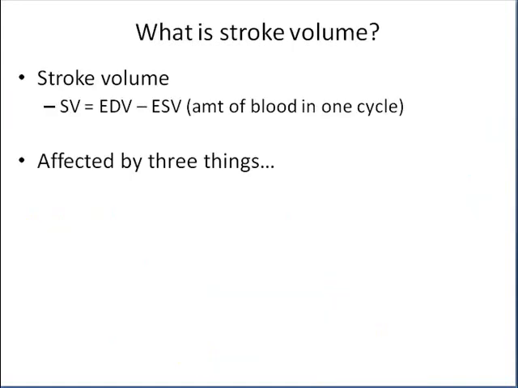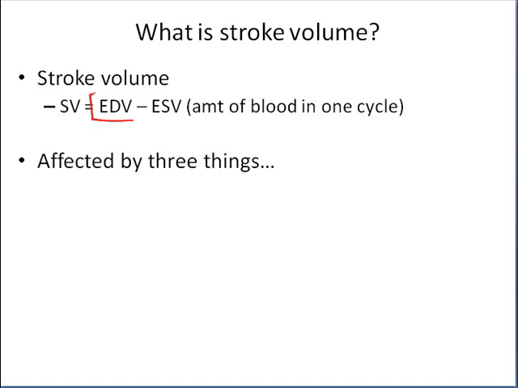All right, moving on to stroke volume. So stroke volume, as I said before, is a measurement of the amount of blood ejected from either the right ventricle in 1 minute or from the left ventricle in 1 minute. We cannot directly measure stroke volume, but we can indirectly calculate it based on knowing two other things.